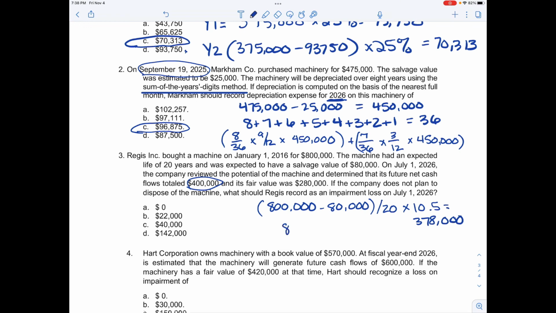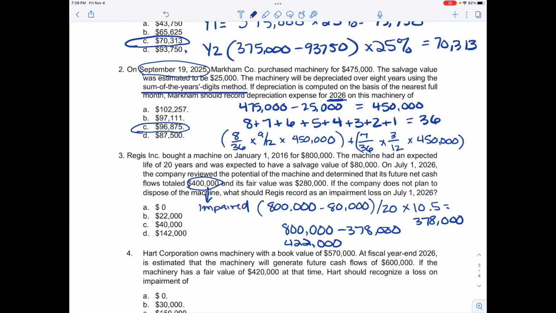If I take my $800,000 minus my $378,000, that's going to give me a carrying value or book value of $422,000. I'm going to compare that to my estimated cash flows. Since my cash flows are less, that's impaired.